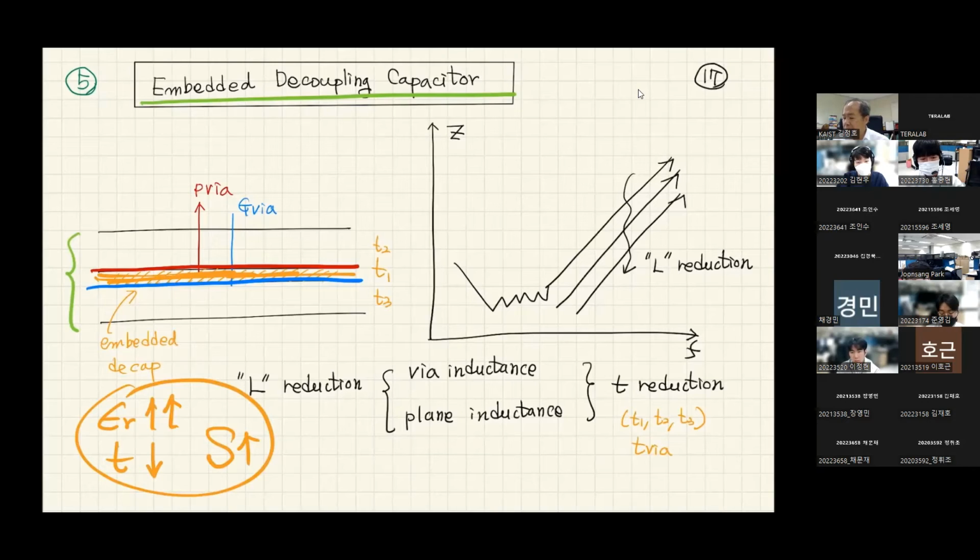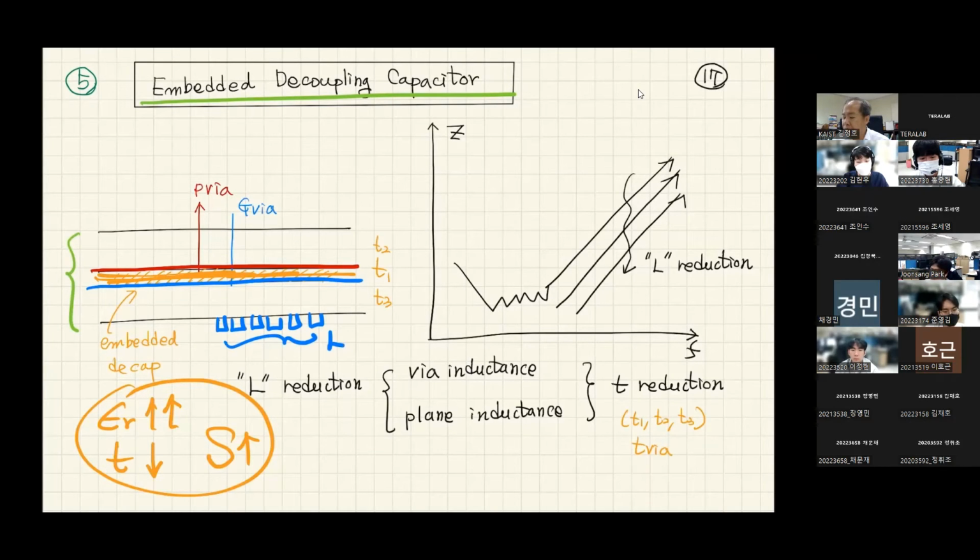So in the conventional CPU packaging, they are putting a lot of decoupling capacitors underneath. But this capacitance has self-inductance and interconnection inductance.